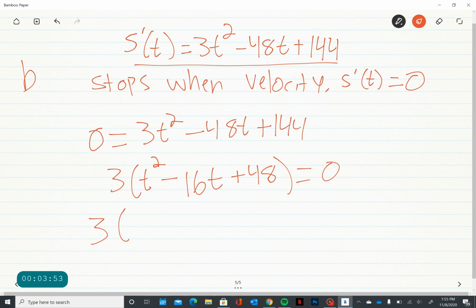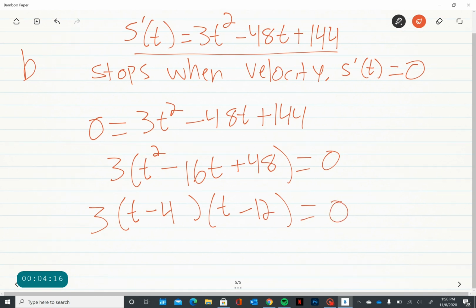And then we can think of two constants that multiply to 48 and add to negative 16. So that would be negative 4 and negative 12. Set it equal to 0.